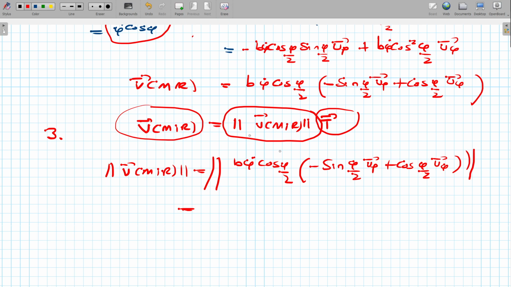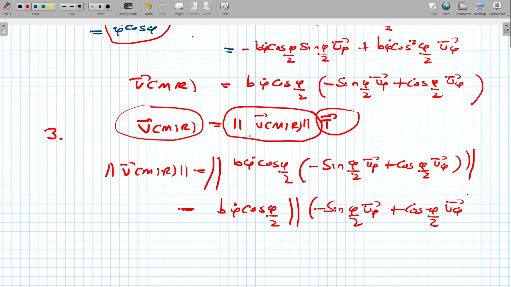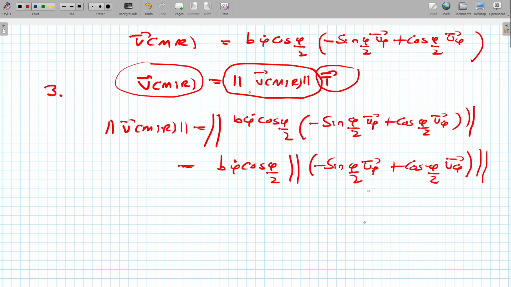So it is the constant itself, b multiplied by phi point, and then cosine phi divided by 2, and then the norm of this vector that we have inside here. What we have here as a vector is the decomposition in the cylindrical, in the polar coordinate system.